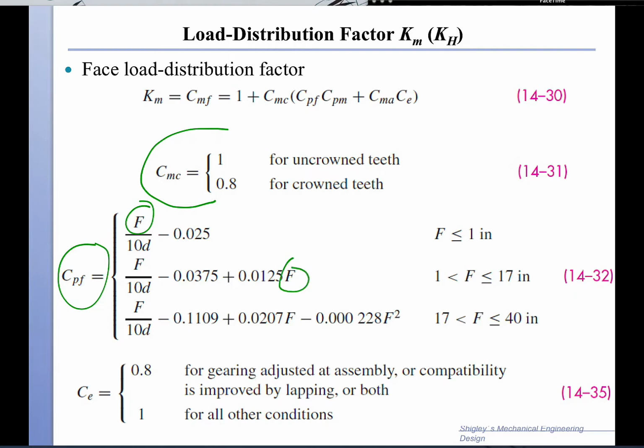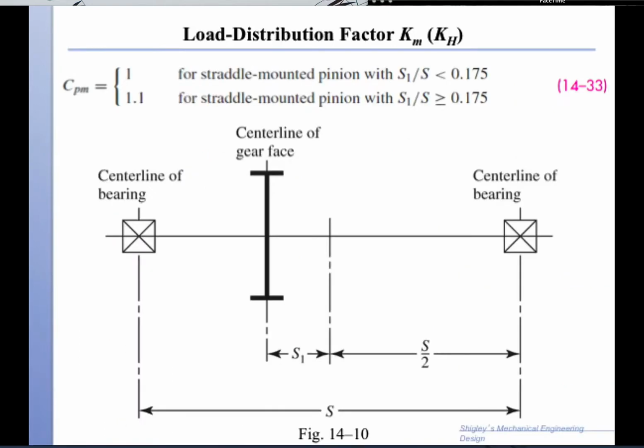You can see the only factor here is the geometry, the face width of the tooth, and C sub E depends on the condition exactly. So this is the load distribution factor. It tells you how the load is distributed without doing very detailed finite element calculations, because designers would like to just do a quick calculation.